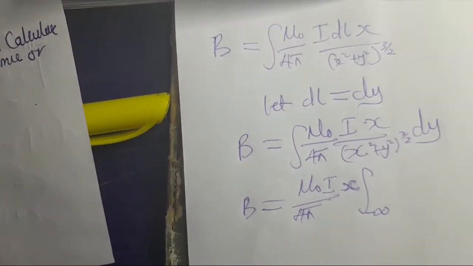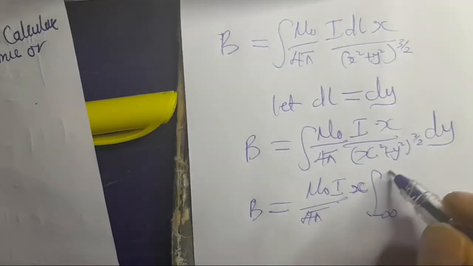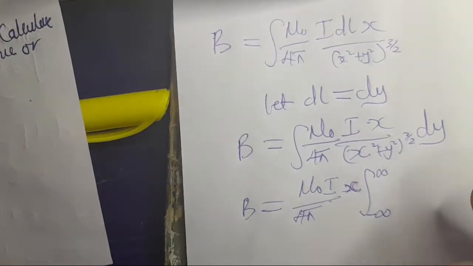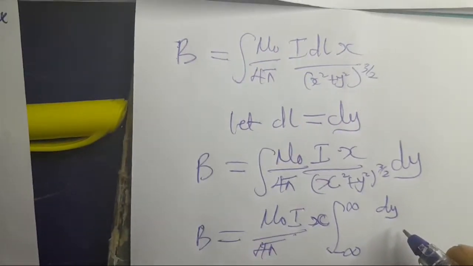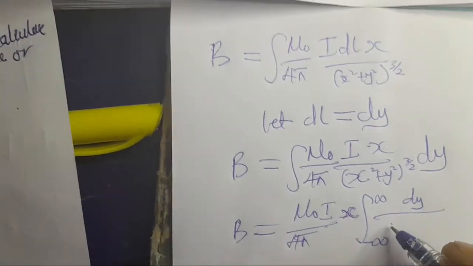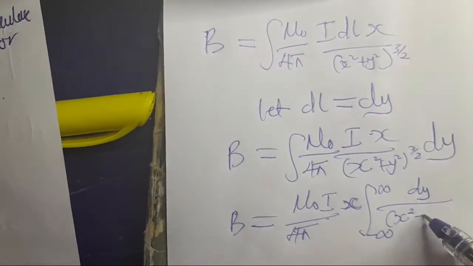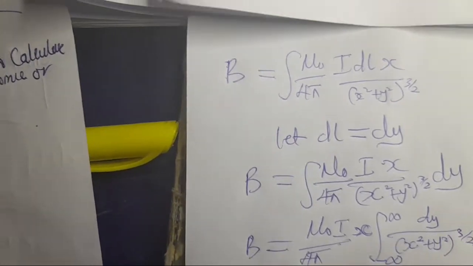So we have to integrate from minus infinity to positive infinity. So when we do this, we are going to have dy over x squared plus y squared to the power 3 over 2.